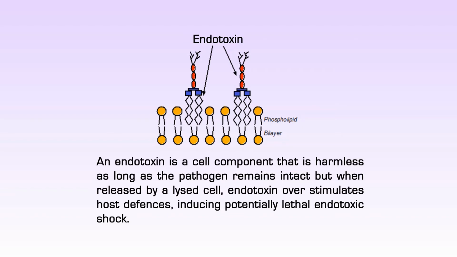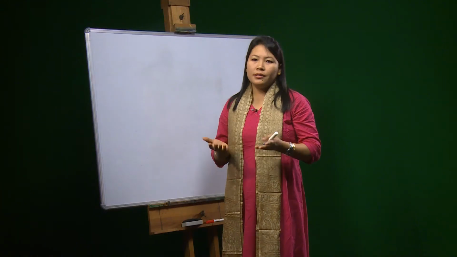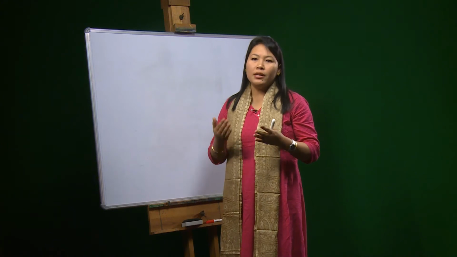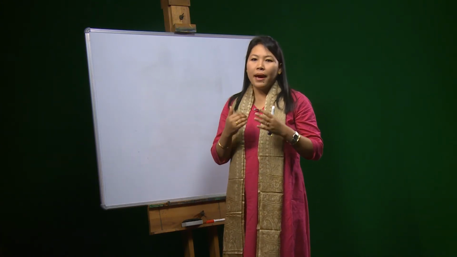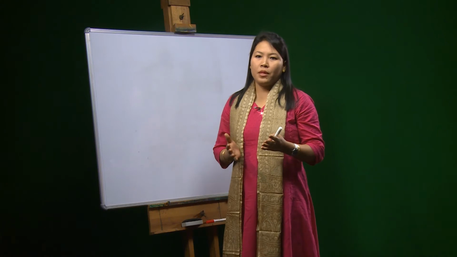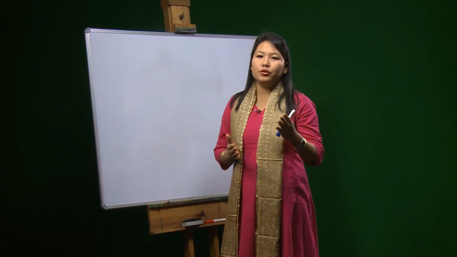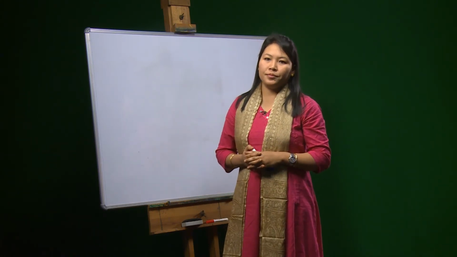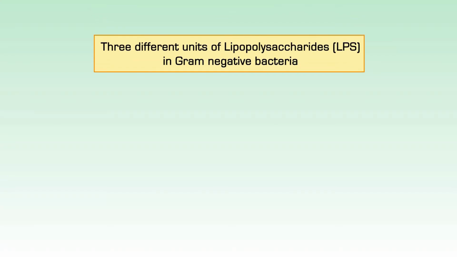But when released by live cells, endotoxin overstimulates host defenses, inducing potentially lethal endotoxic shock. Thus, antibiotic treatment of a lipopolysaccharide-containing pathogen can kill the cells, but also can lead to the death of the patient. Now we'll see the lipopolysaccharides of the gram-negative bacteria.